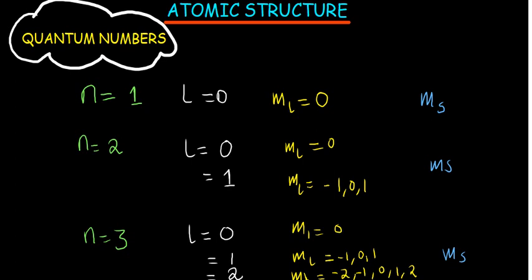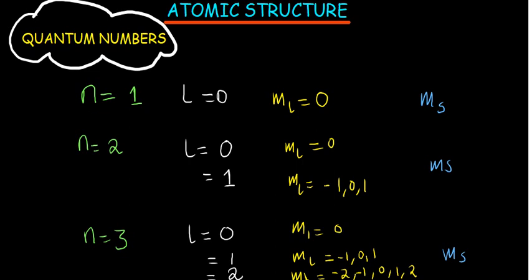Now, from what we are able to see here, remember we said N represents the shell, L represents the subshell, and ML represents the orbital. This should tell you, even for biology, that this information is important.